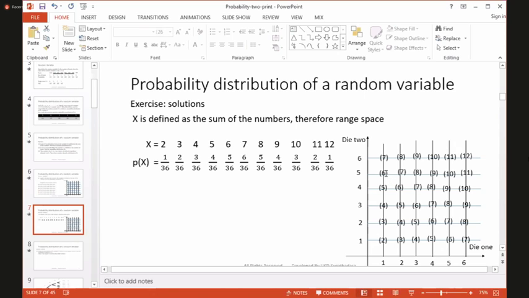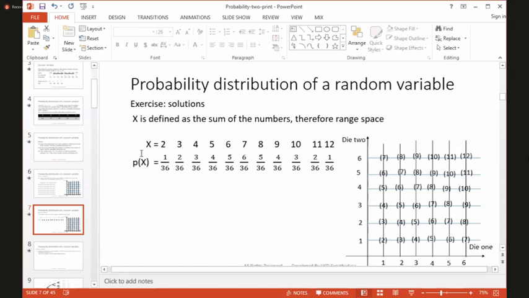The total 6 can occur 5 times. 7 is the maximum, 6 times. Because 7 can be 1 and 6, 2 and 5, 3 and 4, 4 and 3, 5 and 2, 6 and 1. If you do this kind of experiment, we can expect the total 7 many times, because it has a high probability. That's why I prepared this particular slide. Now we can understand easily.